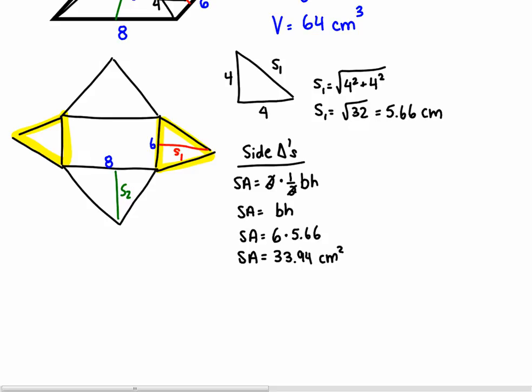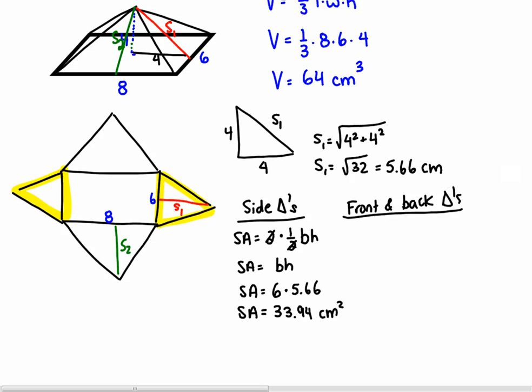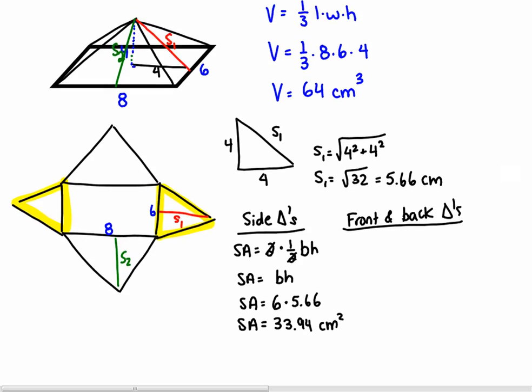Okay, let's do the front and back triangles now. In order to do that, I need to find the slant height number 2. So if we look at the triangle that's here, what's that dimension I just drew in? I'm going to highlight it. We're looking at this right triangle right here.